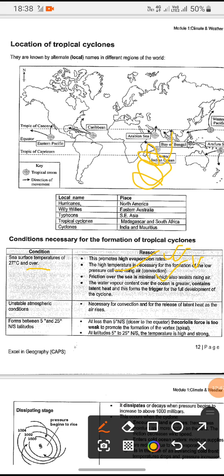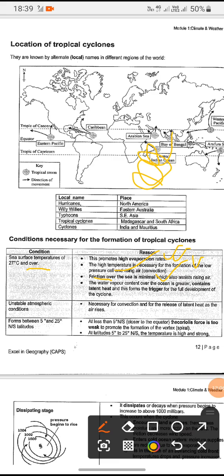Friction is anything that opposes motion, and a tropical cyclone is moving very fast. So if it has friction, it will stop. This high temperature minimizes friction over the sea surface.